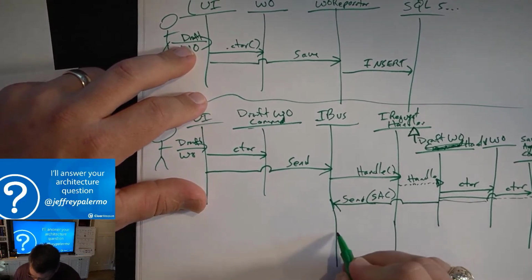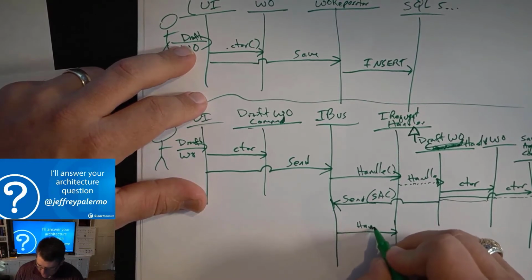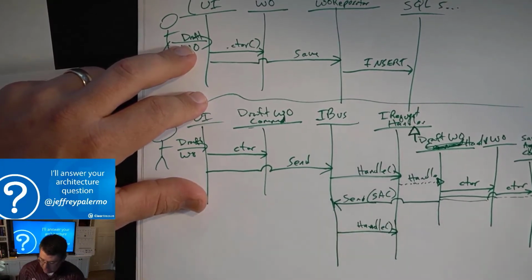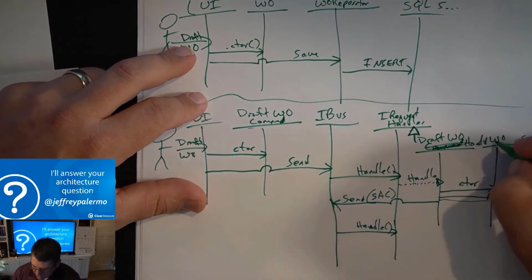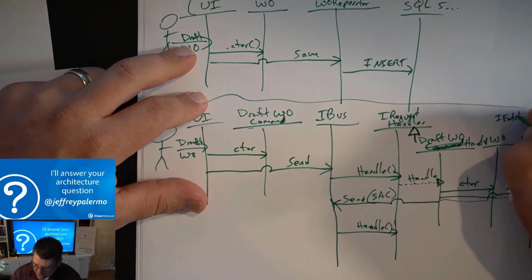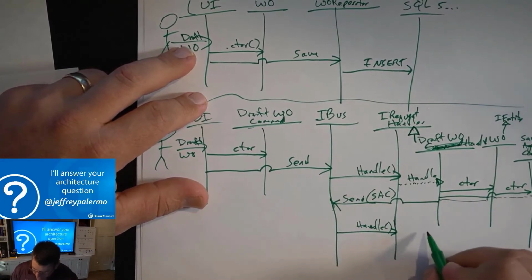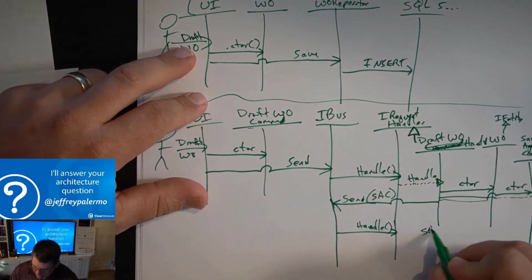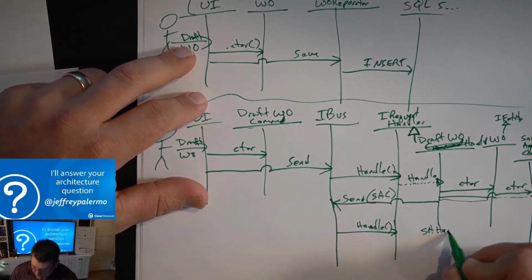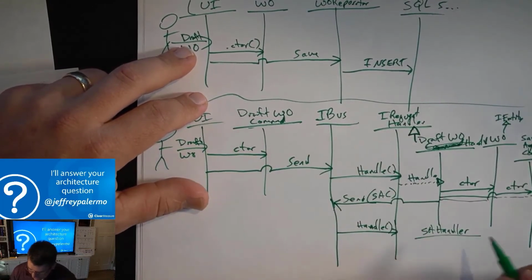And so then what happens? Well, we go right back to our abstraction. We say, hey, I need to save an object. And of course, in this case, a work order would probably, if you have I entity or some type of interface, you'd kind of do an inheritance relationship there. But let's just say we have a save aggregate handler that, oh, by the way, inherits from I request handler.